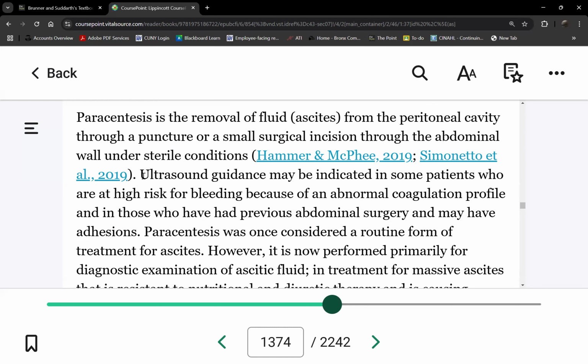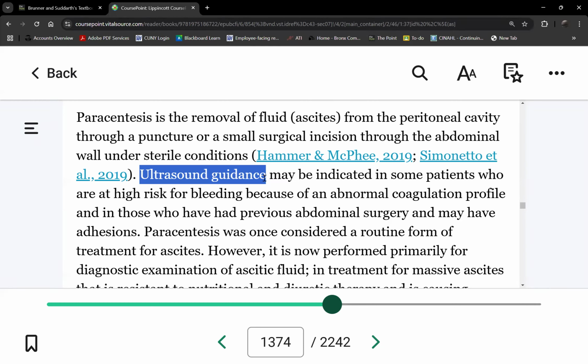In this country and other developed countries, we do this procedure under ultrasound guidance, meaning before the doctor inserts the needle, an ultrasound of the abdomen will be ordered. The indication would be to map the peritoneal cavity.